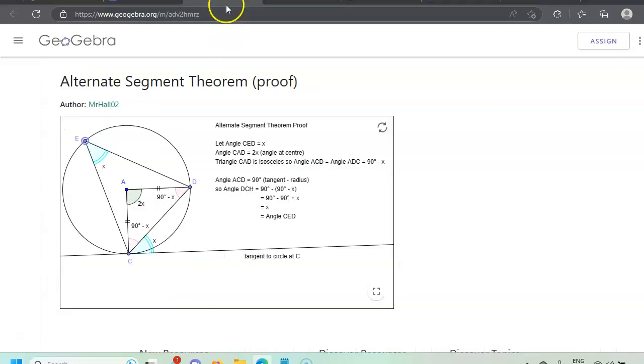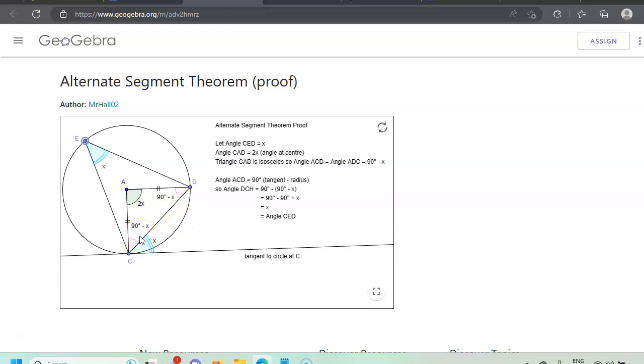Okay, and let's appreciate another storytelling for this sub case. So thanks to Mr. Hall. All right, so again, it has an isosceles triangle in the proof, and the two radii are equal. So the bases of the isosceles triangle will also be equal.